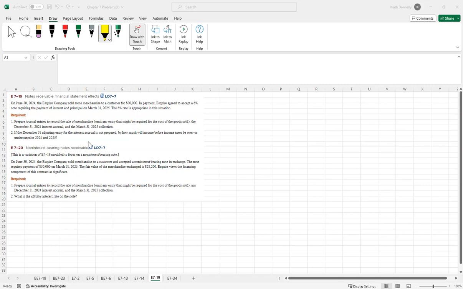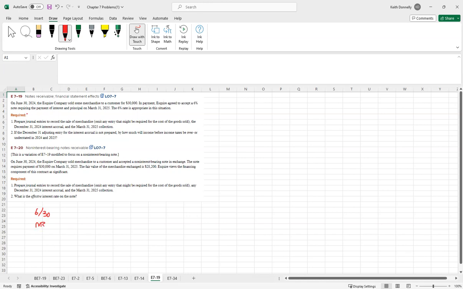All right, let's look at another problem here. It says on June 30th, a company sold some merchandise to a customer for $30,000. There must be a note receivable.